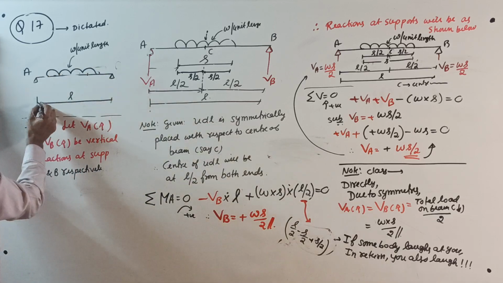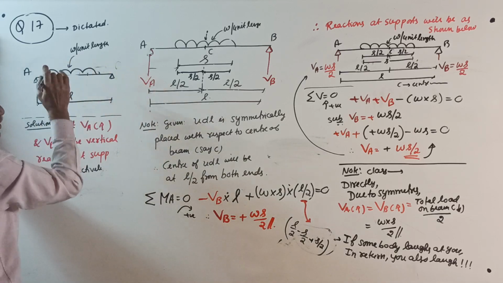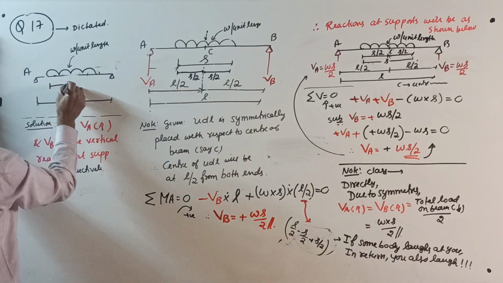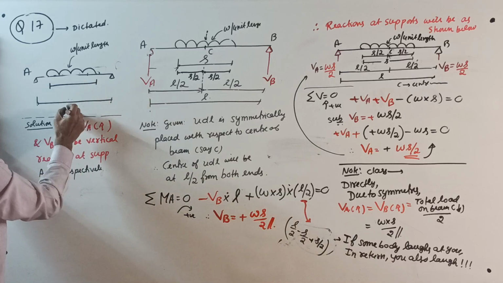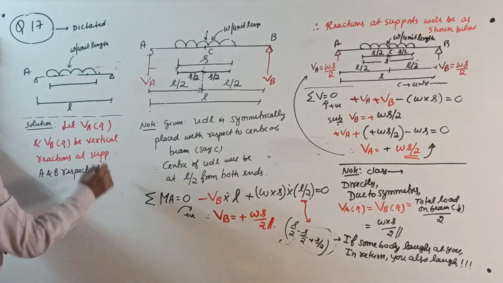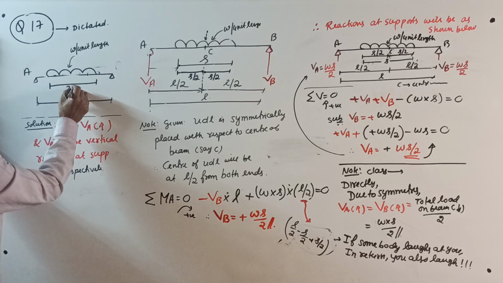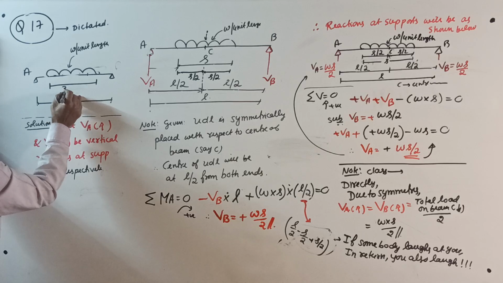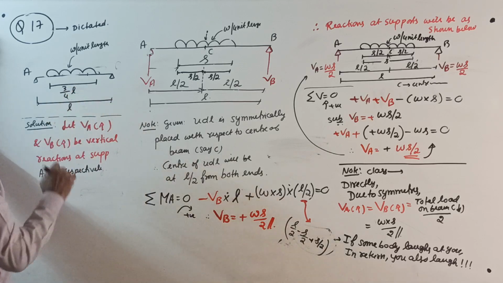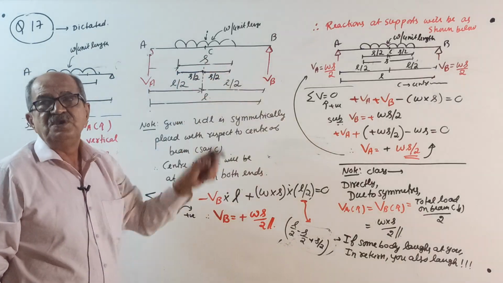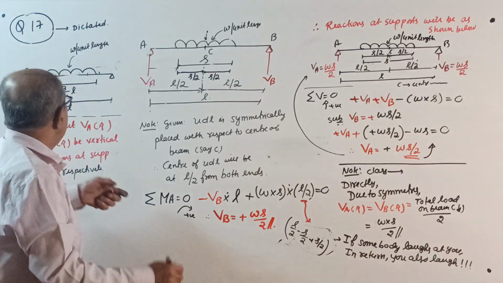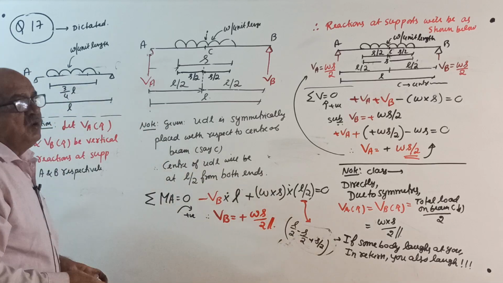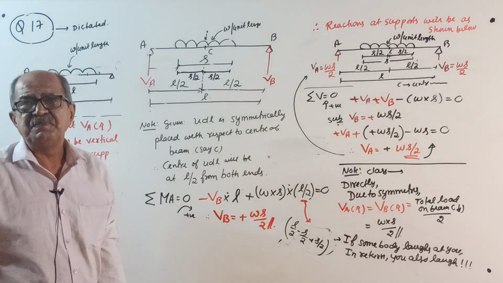A simply supported beam of span L is loaded by a UDL of W per unit length for a length of 3/4 of L. See, last time it was S. So L and S are separate. Now they are giving it in terms of L. 3/4 of L, comma, load is placed symmetrically with respect to center.